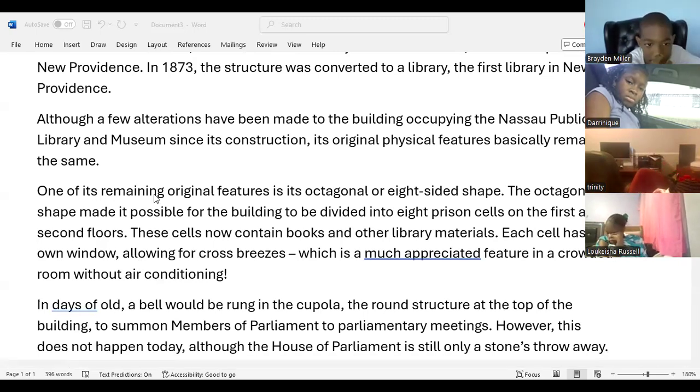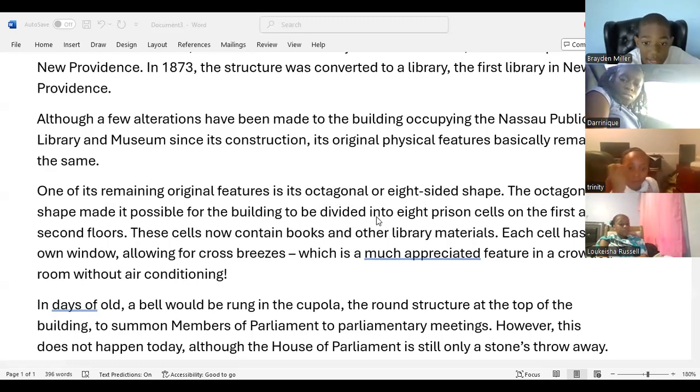One of its remaining original features is its octagonal, or eight-sided, shape. The octagonal shape made it possible for the building to be divided into 8 prison cells on the first and second floors. These cells now contain books and other library materials. Each cell has its own window, allowing for cross breezes, which is a much appreciated feature in a crowded room without air conditioning.